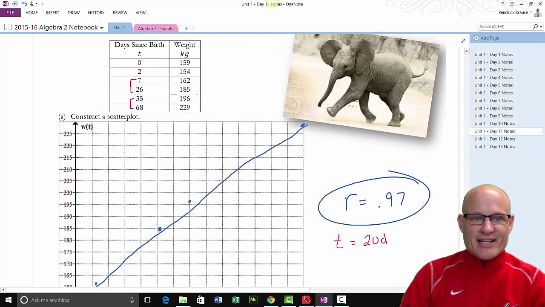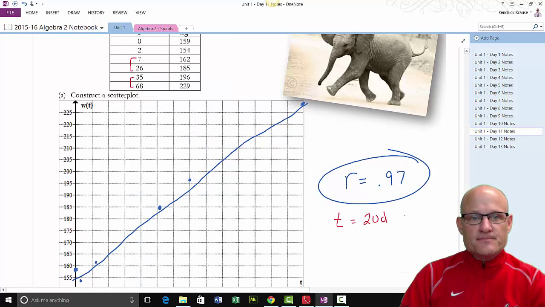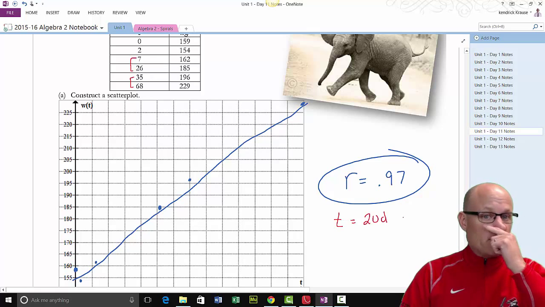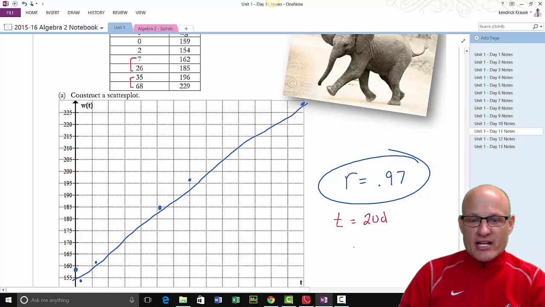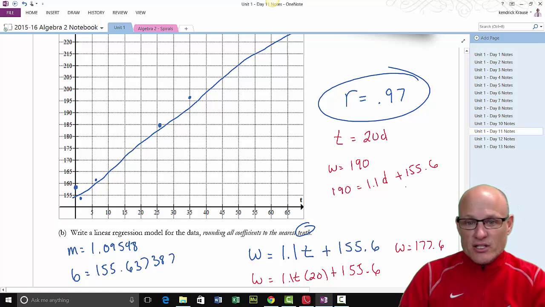But I could also say, let's say the weight of the elephant is 190 pounds. Well, now I got to work backwards. 190 is equal to 1.1 times the number of days plus 155.6.